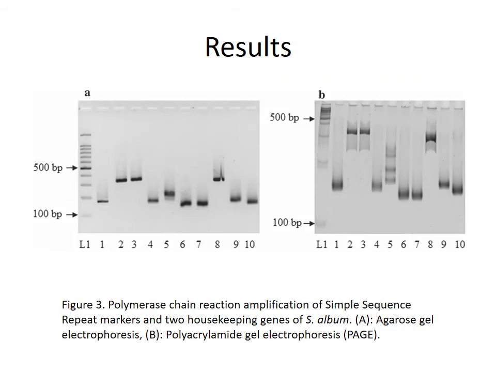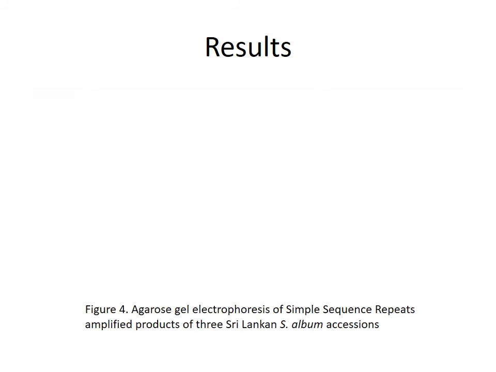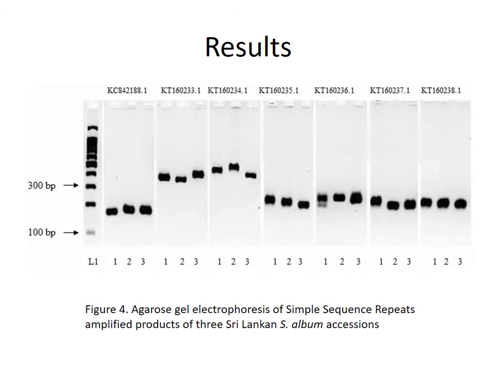Figure 3 shows the PCR amplification of the SSR markers. And Figure 4 shows the agarose gel electrophoresis of the SSR amplified products of 3 Sri Lankan S. album accessions.